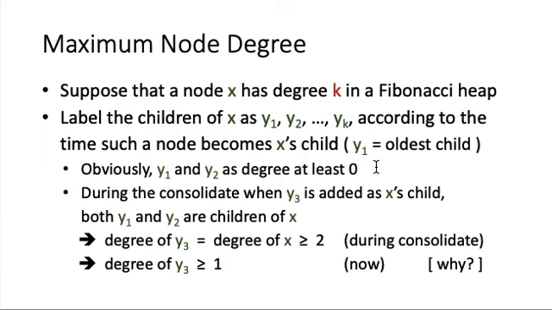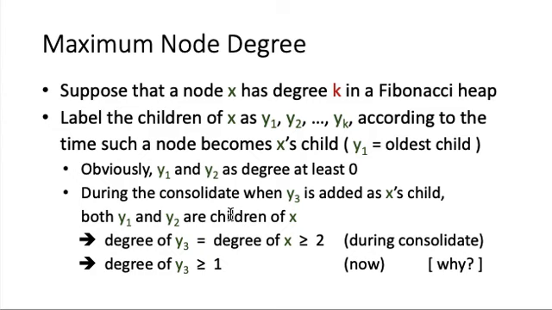Now suppose that there is a y3. At the time when it is first added as a child of node x during the consolidation, y1 and y2 are already the children of x because they are older children. So when y3 is added to x, y1 and y2 at that time must be the children of x.